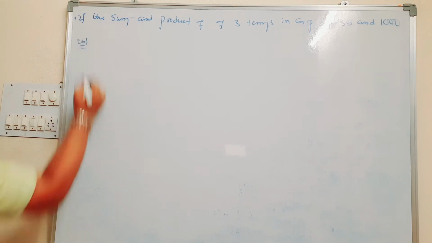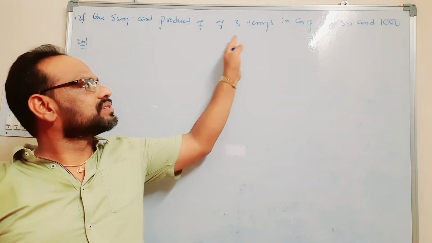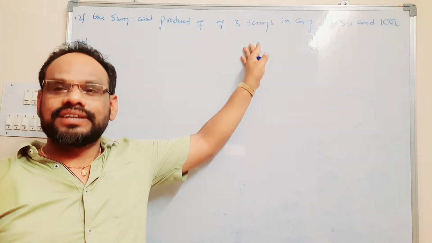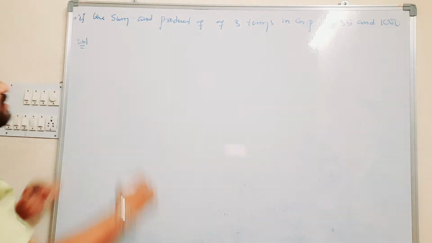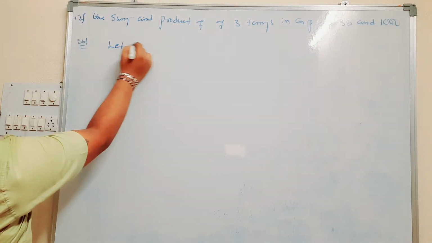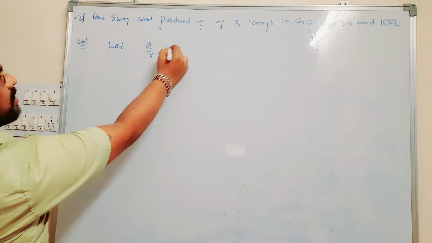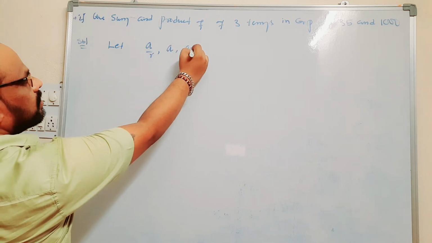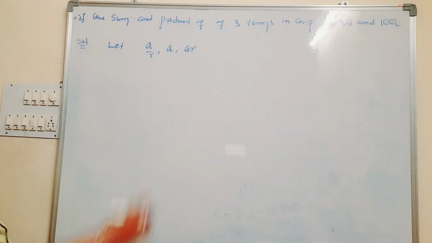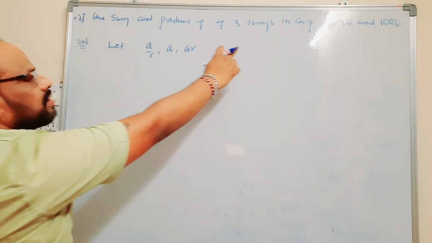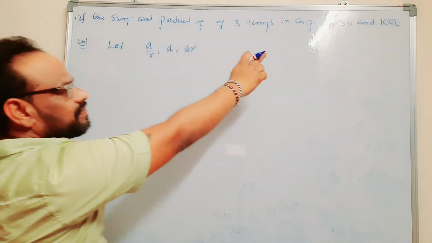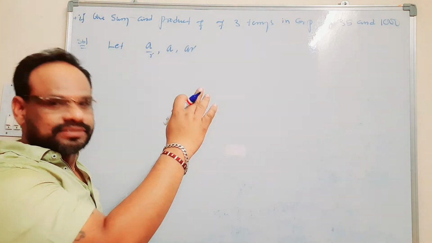Solution, we want 3 terms. Let the 3 terms be A by R, A, AR. Their sum is 35 and the product is 1000.